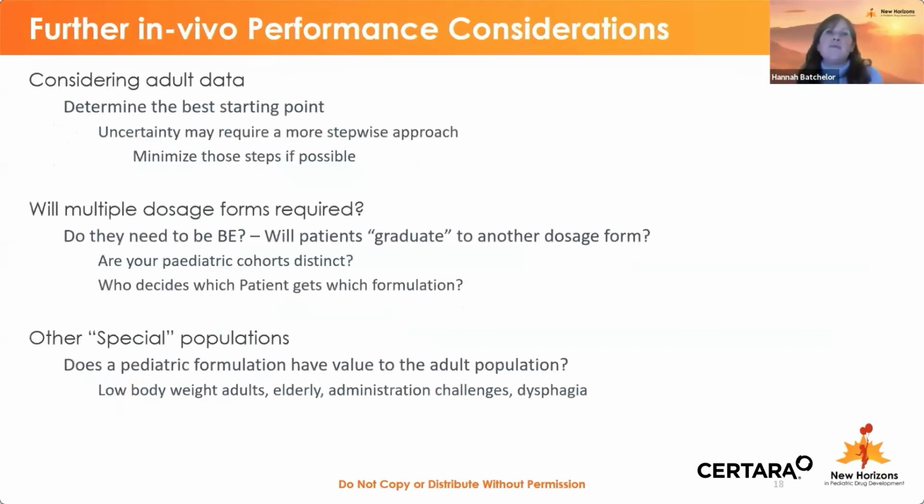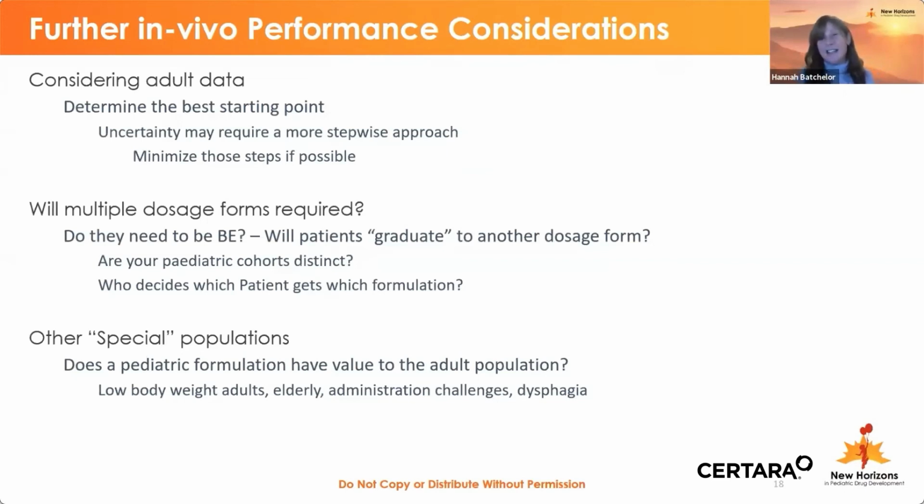There are further in vivo performance considerations, and it's really to look at that adult data to determine the best starting point. What do we really know about the formulation from clinical testing, and what are we confident about extrapolating, and what aren't we confident about? Do we need multiple dosage forms? Pediatric spans from neonates to adolescents.